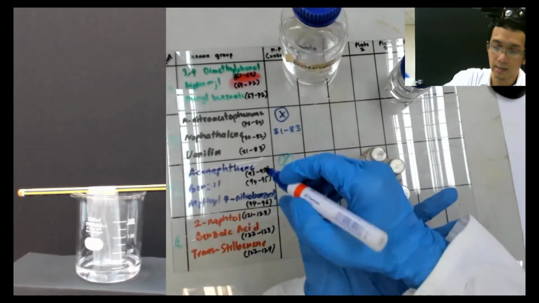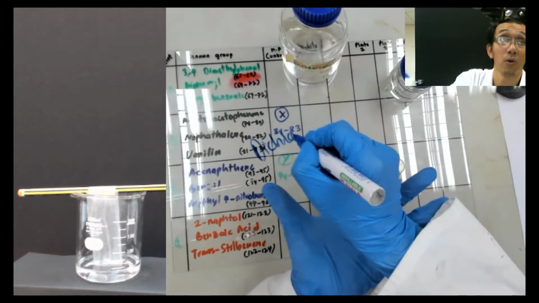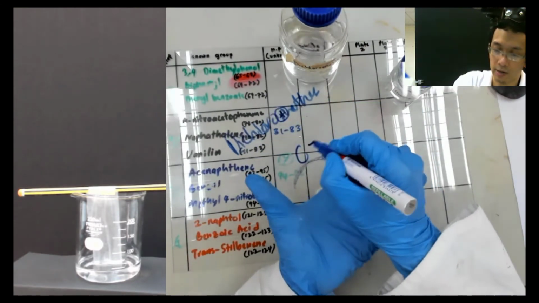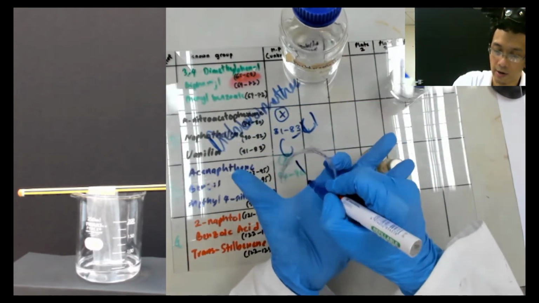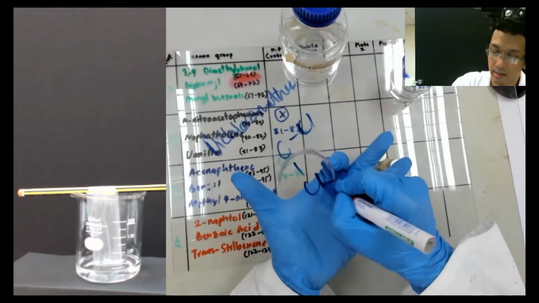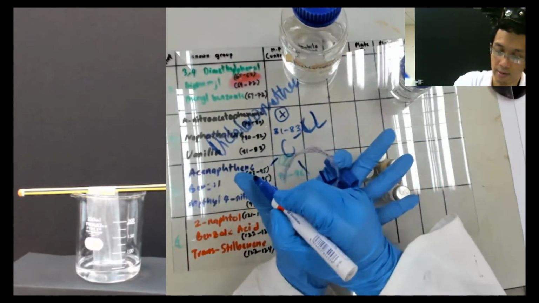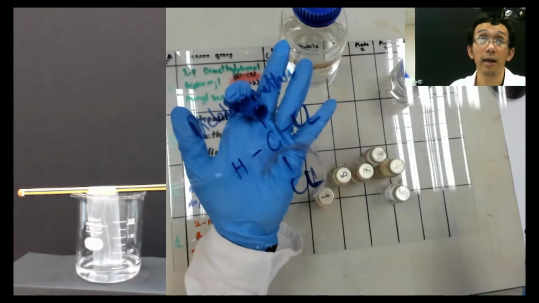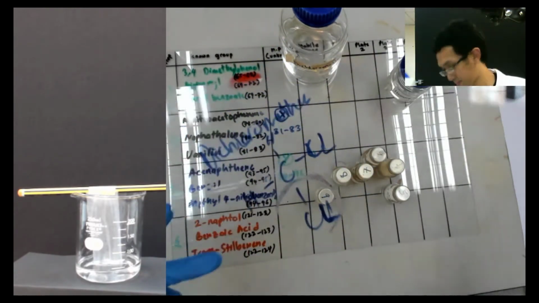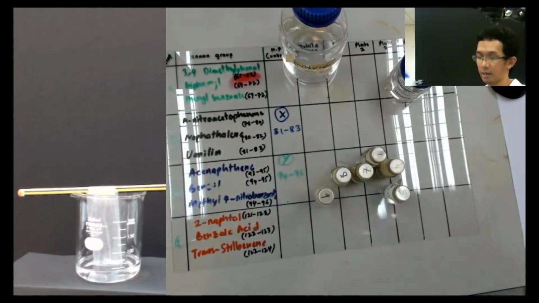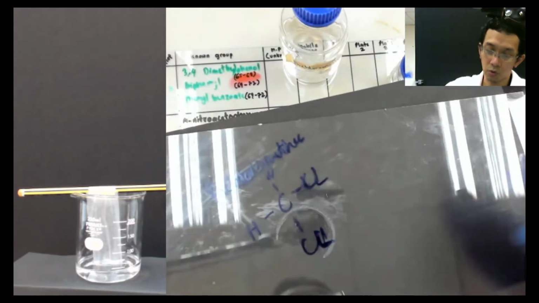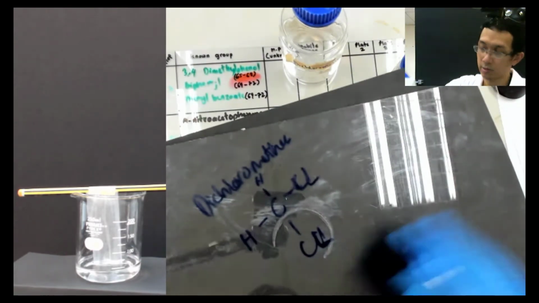So dichloromethane is basically you have C, then you have Cl and Cl, and then you have H and H. So this is dichloromethane. We also call it methylene chloride.